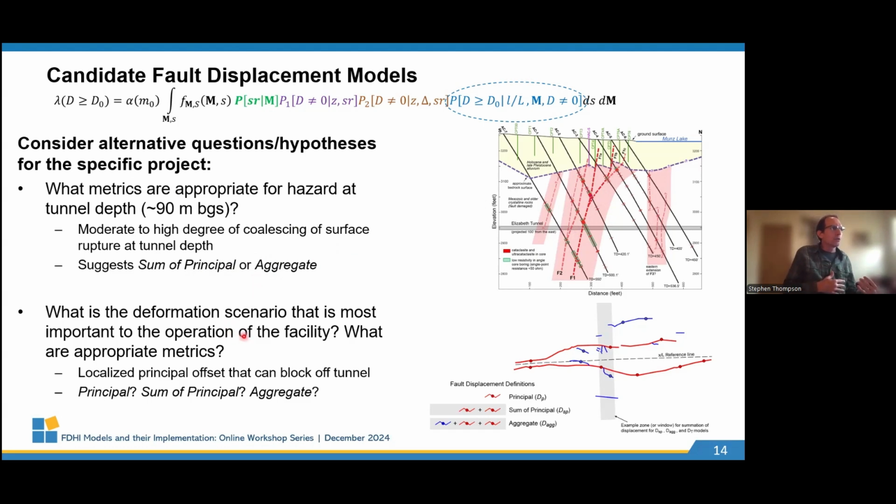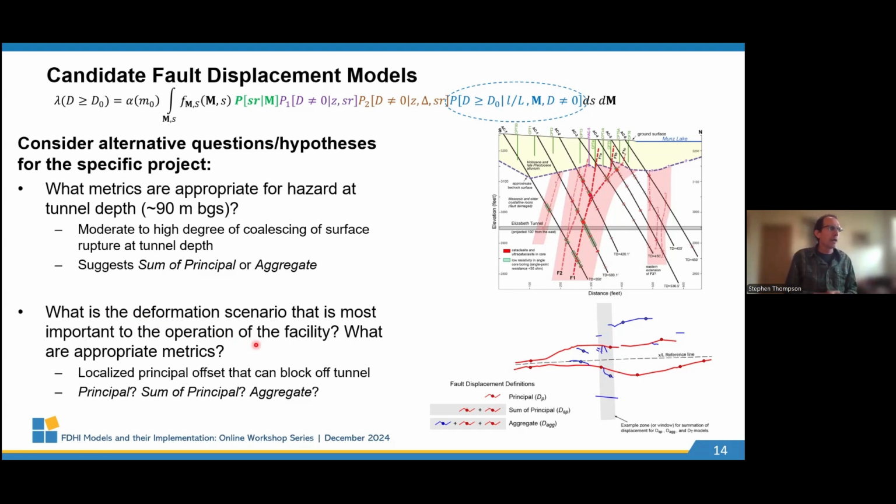We can also ask questions such as, what's the deformation scenario that's most important to the operation of the facility, and what are the appropriate definitions or metrics to use for that? Here with the Elizabeth Tunnel, we're worried about a severing of the tunnel and a complete closing off of it, such that water or a pipe in the tunnel would be unable to convey any water.